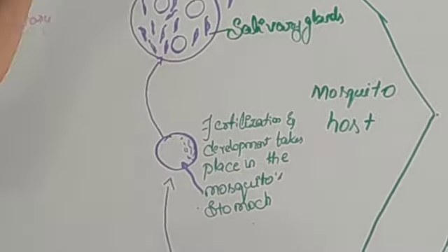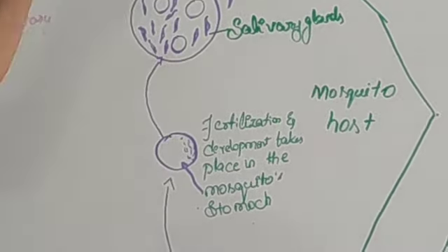What happens to that fertilization product? Development takes place. As I said, it is digenetic. It requires two hosts: one is the human host, another is the mosquito host. So the male and female gametes fuse, fertilization takes place, and this fertilized product, the zygote, develops and matures into sporozoites.